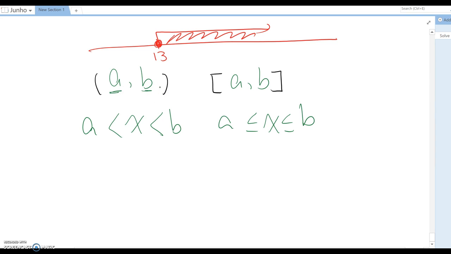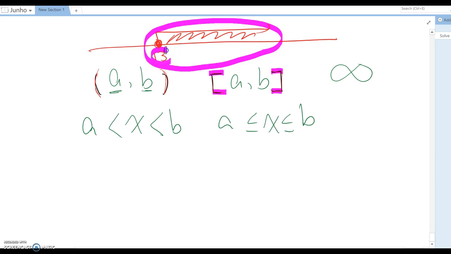If the value is not finite and keeps going infinitely, then you use the infinity symbol here. The reason we use parentheses for just inequality and brackets is also for equation and inequality, because the bracket actually includes the equal sign. That's the reason.